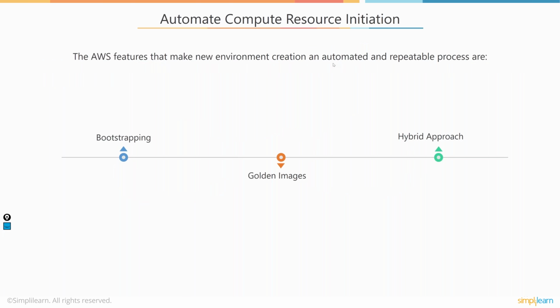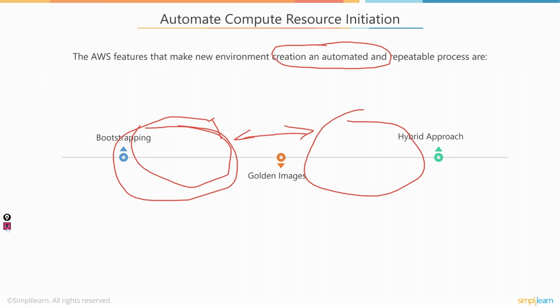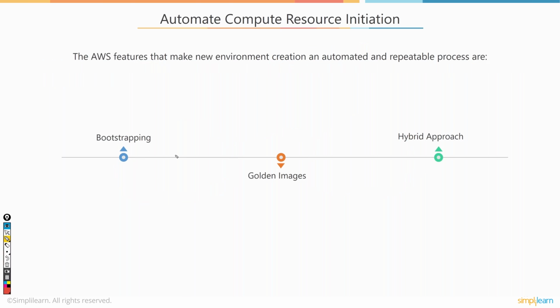Automate compute resource initiation. When you spin up a new server, you can have a few options. You can do it via bootstrapping, which is a process where during the booting of the server you can perform specific actions. For example, when you're spinning up a brand new box, you say to it, "Hey, install any service you want, maybe an FTP client.